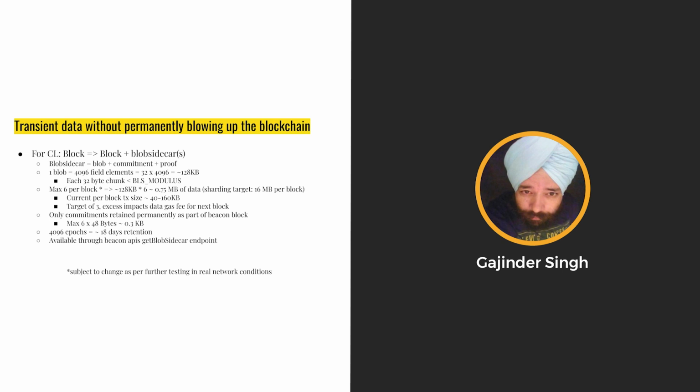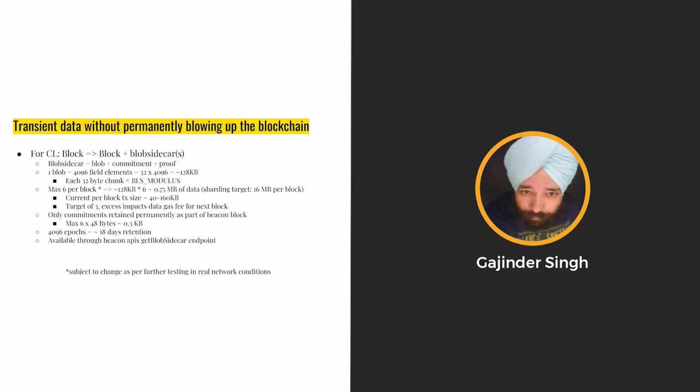So hopefully when it is tested on bigger testnets like GoEarly or Holsky, which is the new testnet to be launched with twice the number of validators on mainnet, we'll be able to come to a point where we can say, okay, this is what we are experiencing, and maybe we can lower or raise this particular limit. But from my feeling in the community, people will try to push the limit back down to 4 per block.